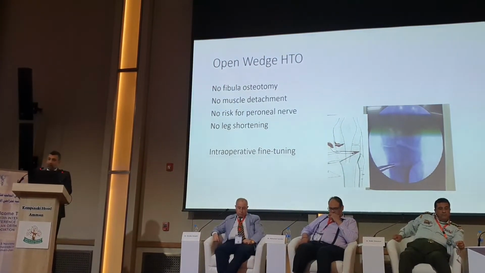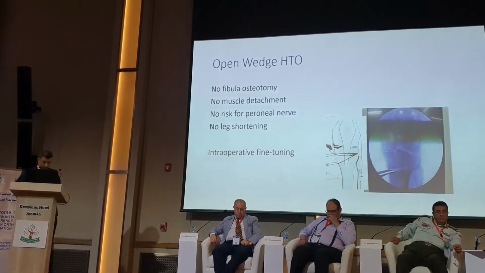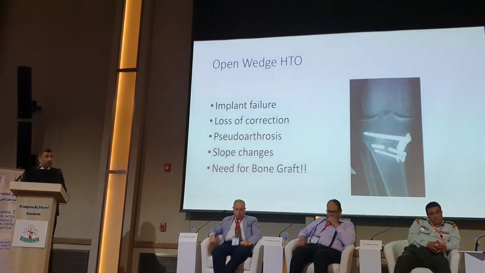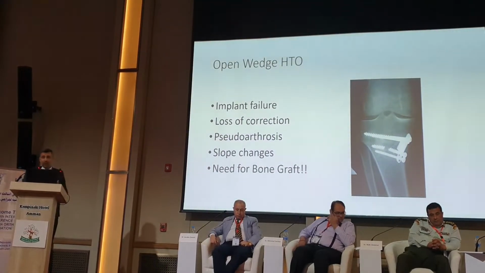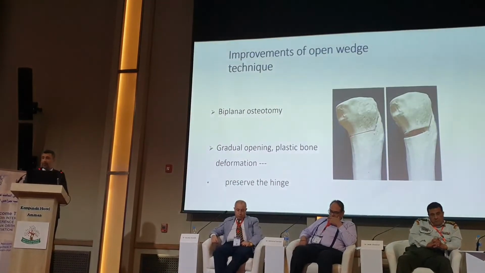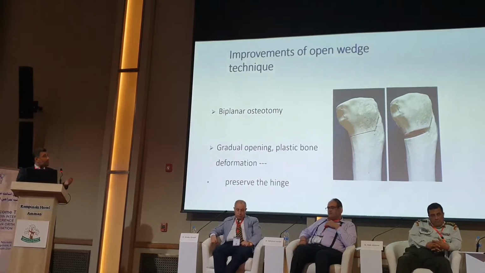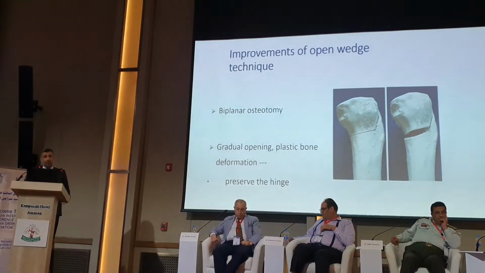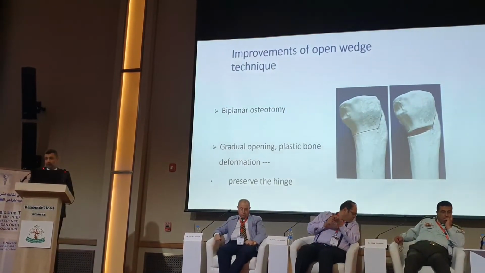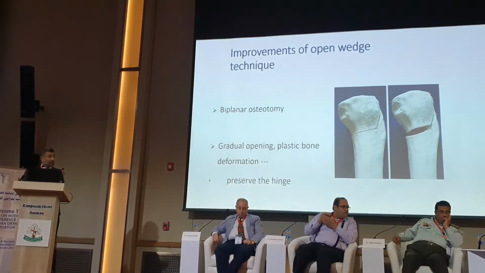So if we do plan, and we check the alignment intraoperatively, we can fine-tune the osteotomy. But it's not without problems, because we have issues like loss of fixation, slope changes, and sometimes the need for bone graft. But with the development of the techniques, this is no longer a major problem. Doing the osteotomy as a biplanar osteotomy provides a lot for this procedure because it increases the surface area, gives rapid healing, and provides stability.